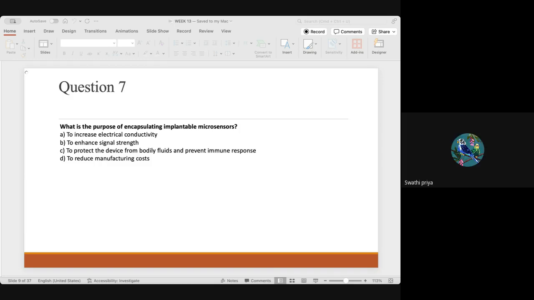Option C, ma'am. Yes, option C is the right option, to protect the device from bodily fluid and prevent immune response.